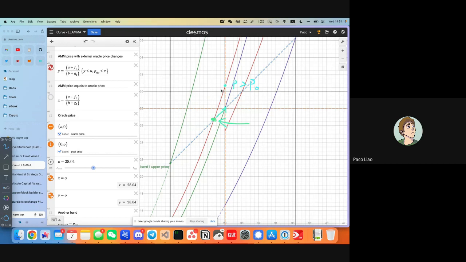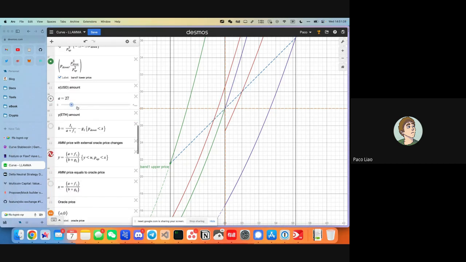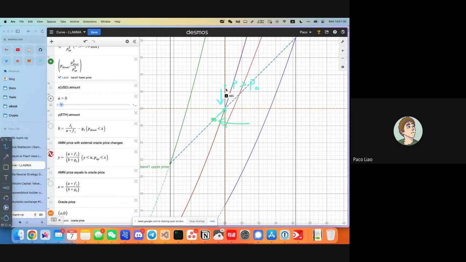So arbitrageurs will continue selling ETH to the pool so that the market price will decrease. So the USD amount in the pool will decrease, the market price goes down, and the market price equals external price again.